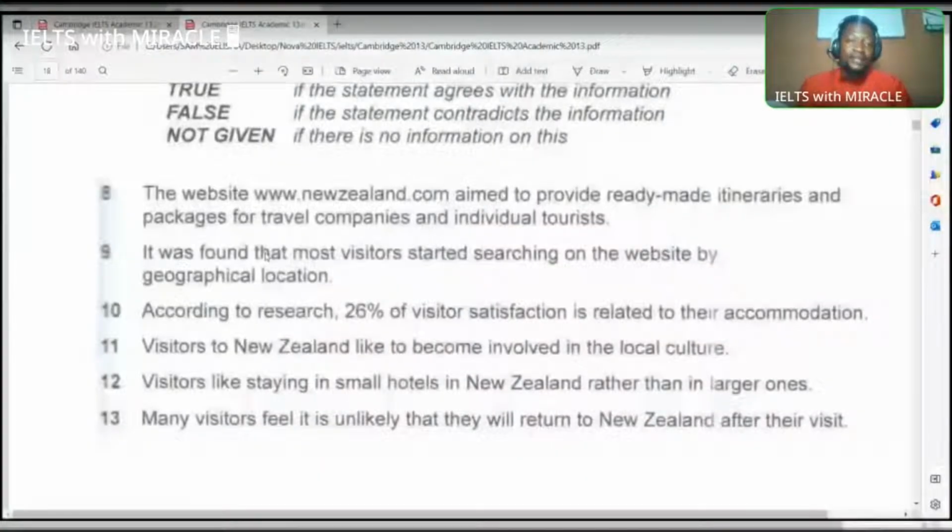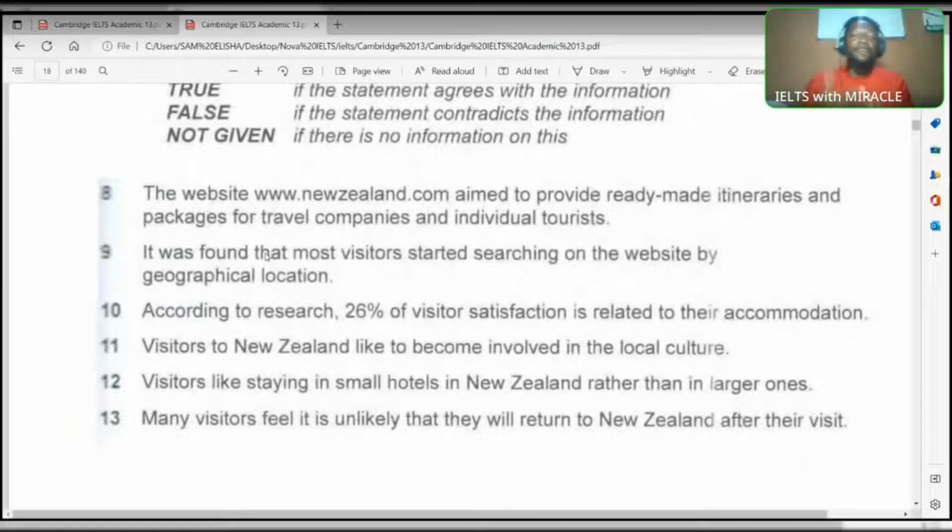You're given a statement, and you are to verify that statement in the passage, to find out if it is true of the passage, or false of the passage, or not given in the passage.